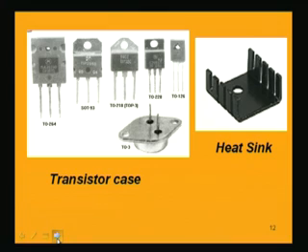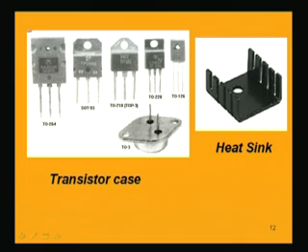So an example of heat sinks and the casings which are used for transistors is shown here. There are different varieties of cases which are used for transistors, and these casings are of different shapes also. The transistor will be inside the casing, and apart from the casing, the heat sink will be there, where there is a hole for bolting the transistor case.